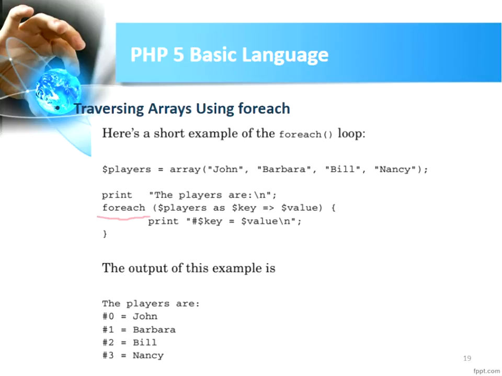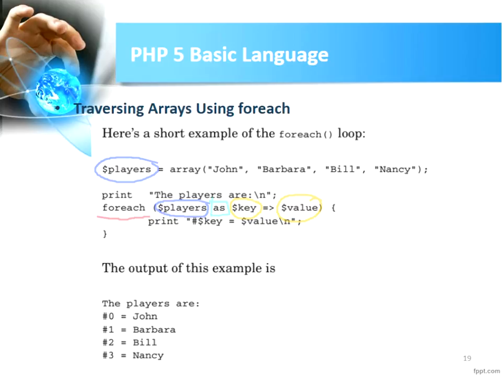If I want to use foreach, I write foreach, after that the name of the array, $players, after that the keyword as.